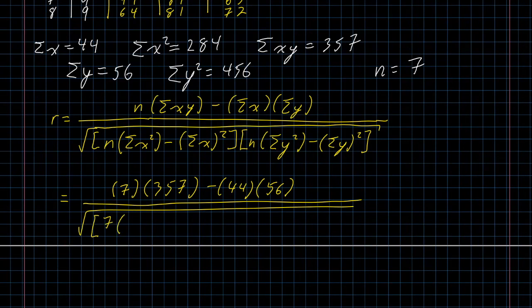Sigma x squared is 284. Sigma x is 44. N is still 7. Sigma y squared is 456. Sigma y is 56.